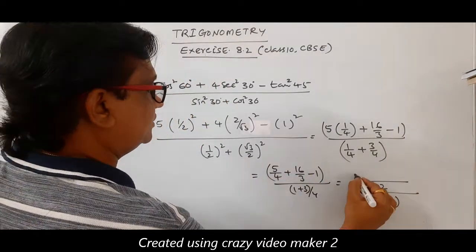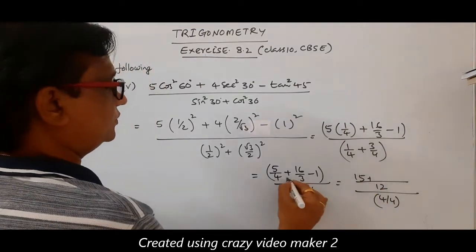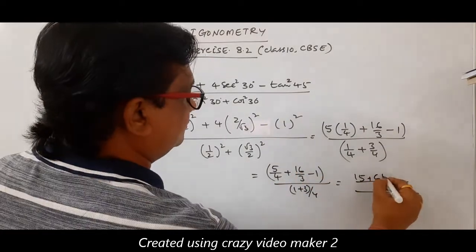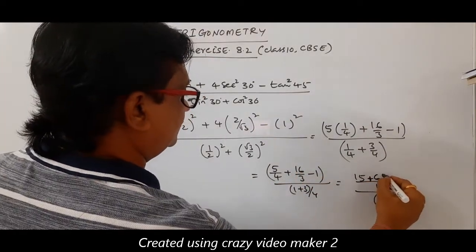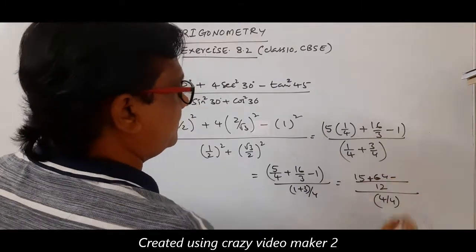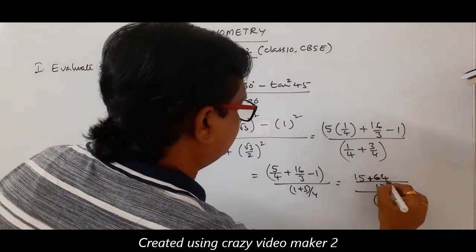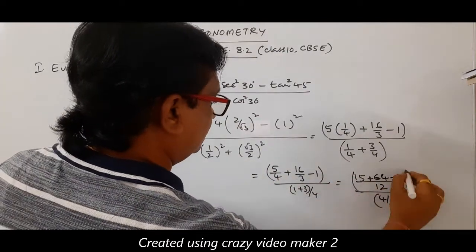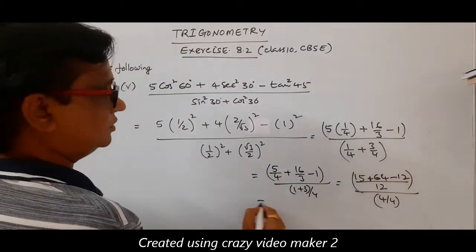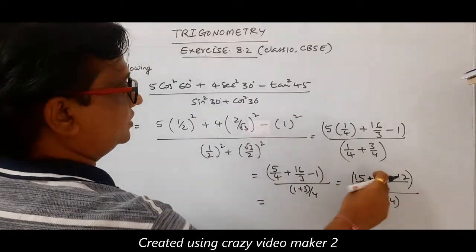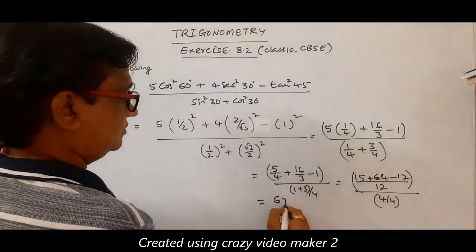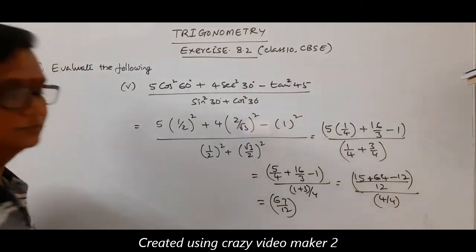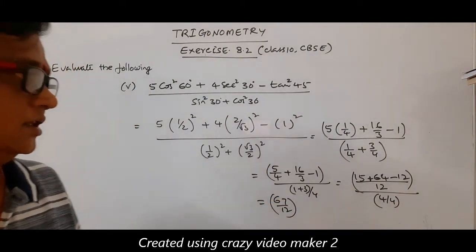So 5 3s are 15 plus 4 16s are 64 minus 12 ones are 12. So 15 3 so 67 by 12 is the answer.